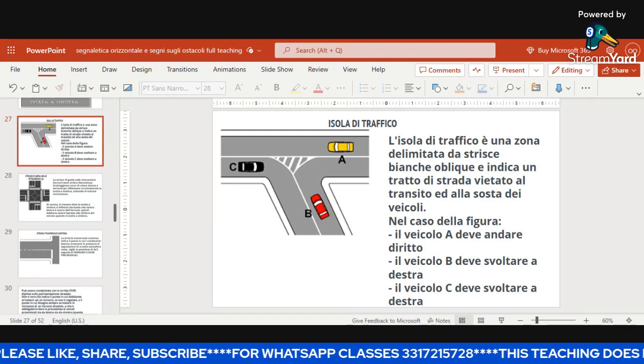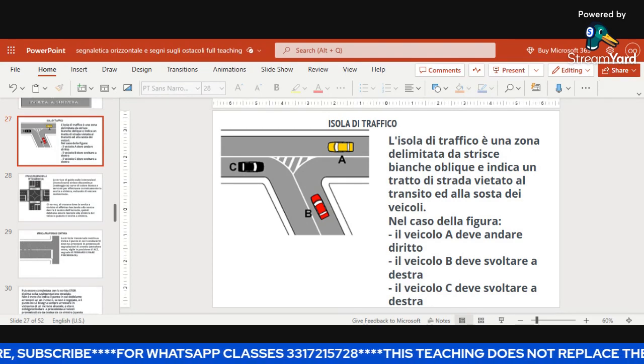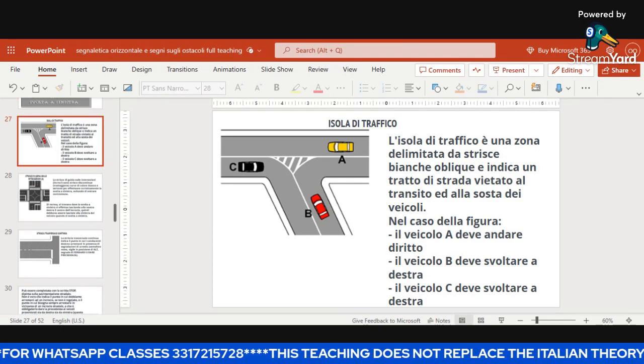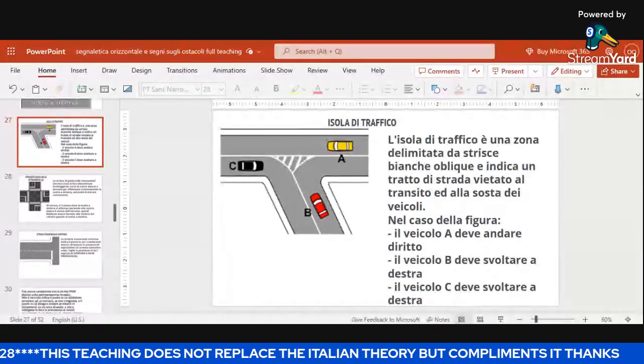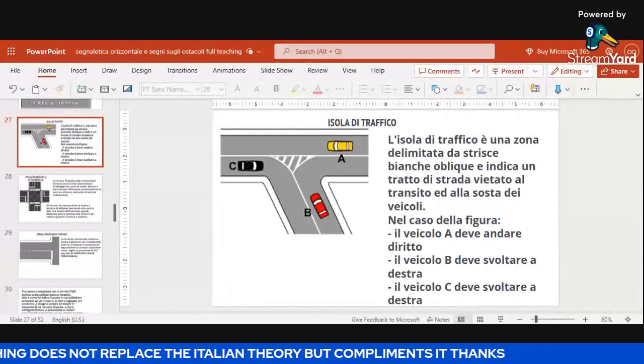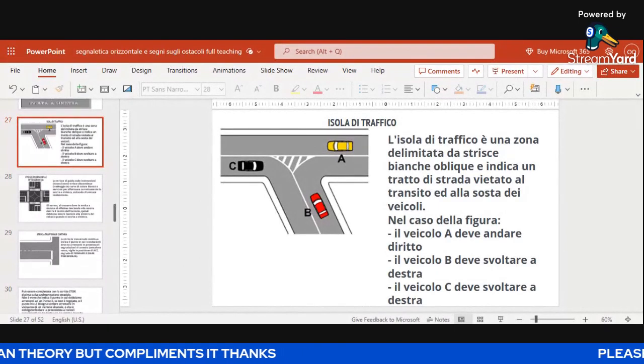So let us jump straight into why we are here. Isola di traffico. Guys, we are under segnaletica orizzontale e segni sugli ostacoli, and this time we're on the next teaching, under this particular chapter, which is isola di traffico. It is a very short lesson.